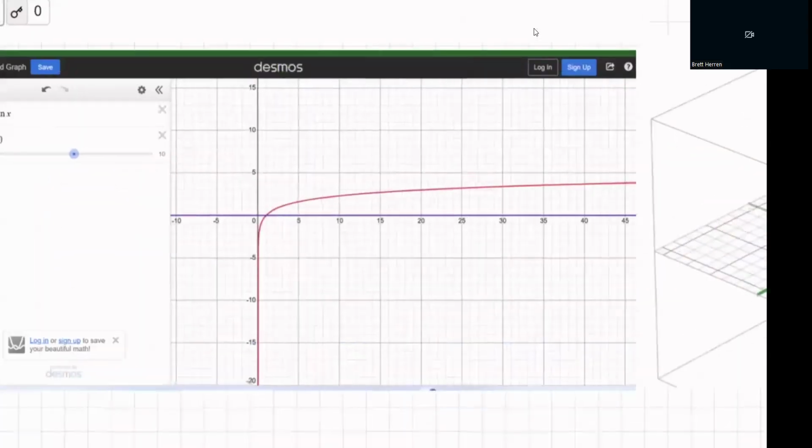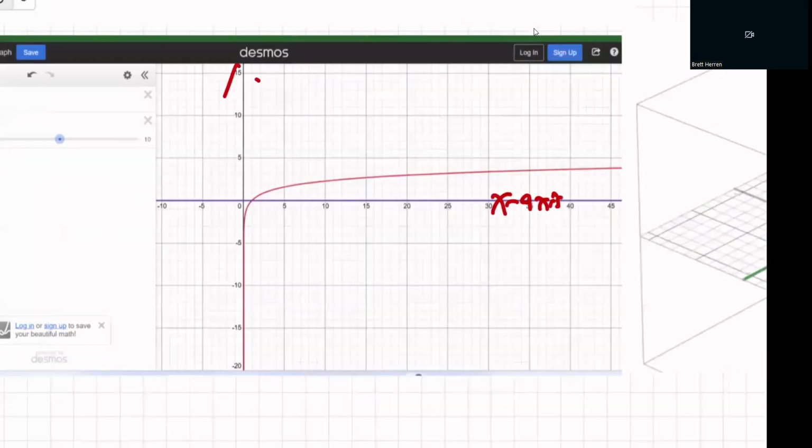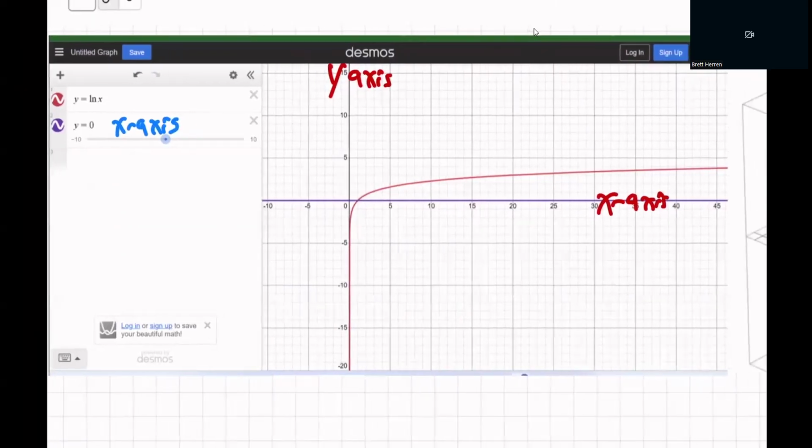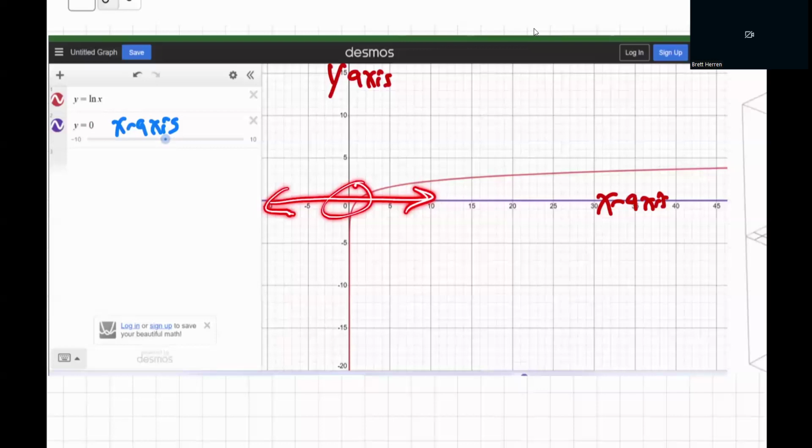Are you aware of that? So this is the x-axis. I know you know what the x-axis is, and of course this is the y-axis. But if you want to get the x-axis, typing in y is 0 will give it to you. Why? Because the x-axis is the line that goes through at a height of 0.